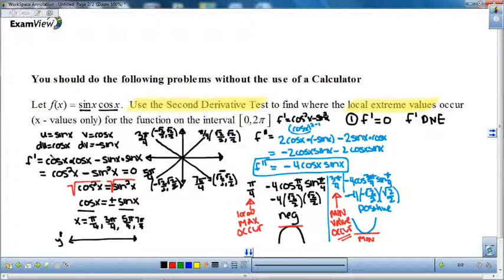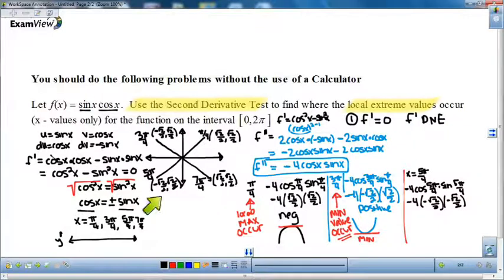So I'm going to check the last 2 points. The next one is when x is 5 pi over 4. So I'm going to have negative 4 cosine of 5 pi over 4 times sine of 5 pi over 4. So this is going to be negative 4 times negative square root of 2 over 2 times negative square root of 2 over 2.